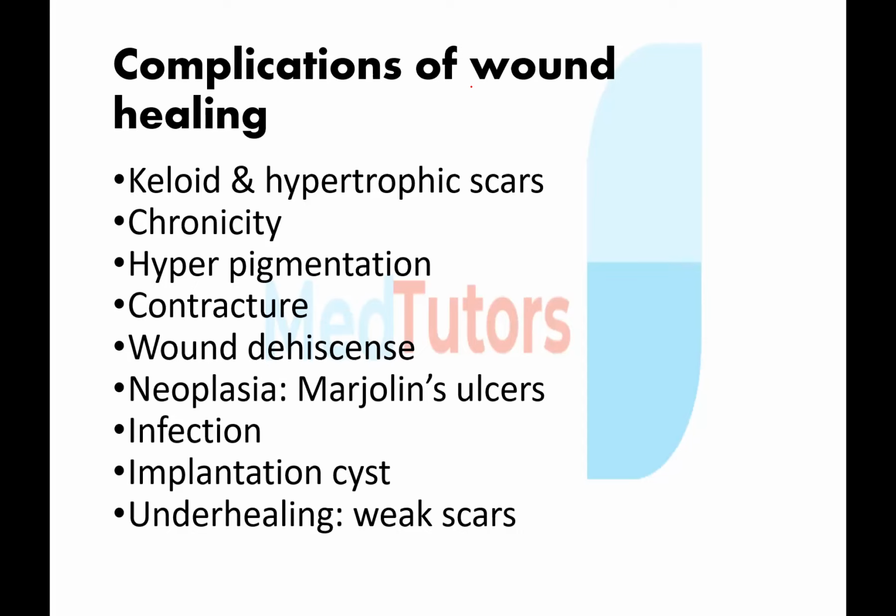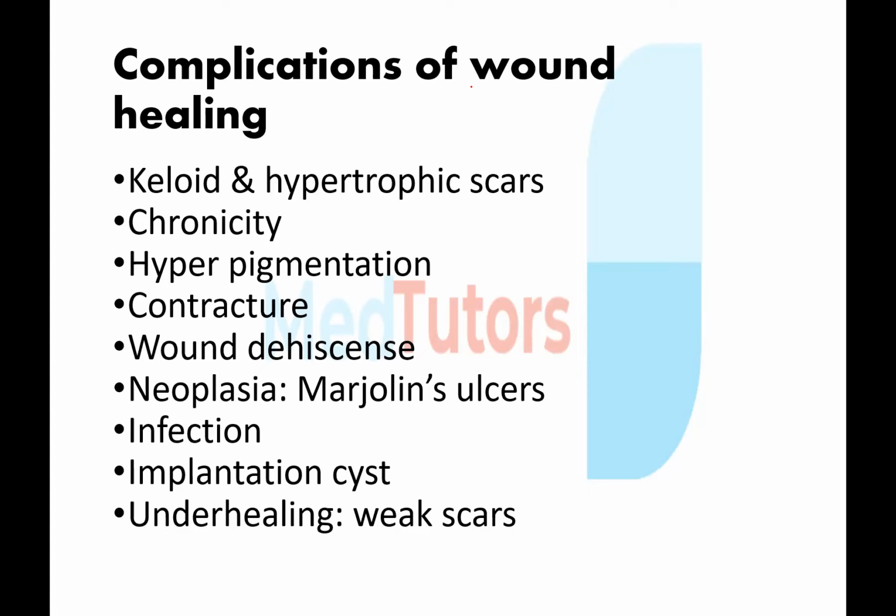A wound can become chronic if there is a persistent stimulus that prevents the wound from healing. So it can become a chronic wound, chronicity. There could be hyperpigmentation. You see darkening of the skin surrounding the wound, especially in chronic wounds where there is a recurrent or persistent stimulus present.